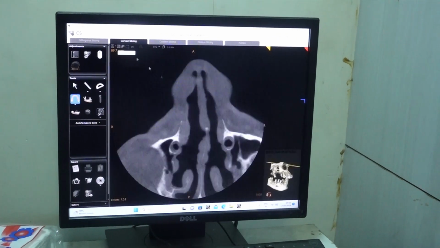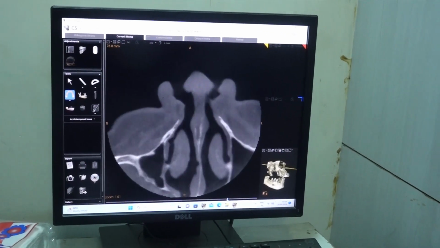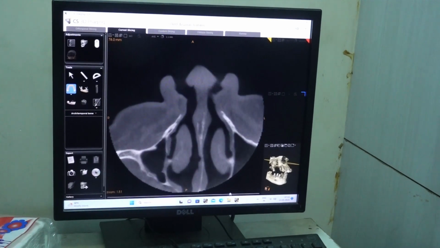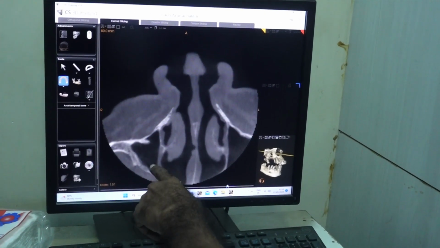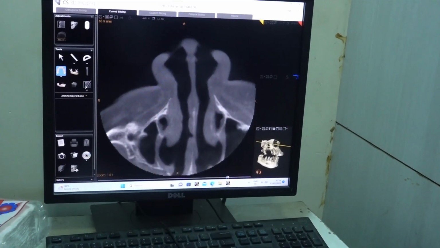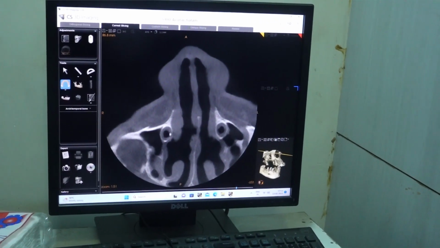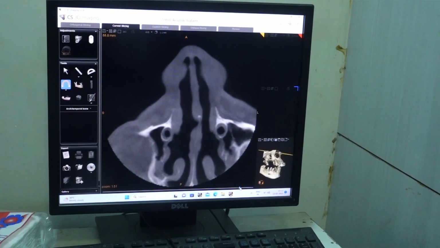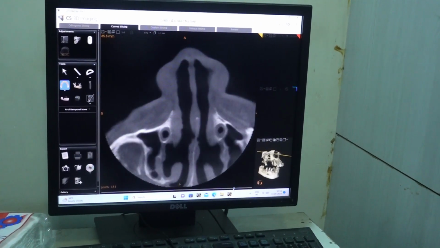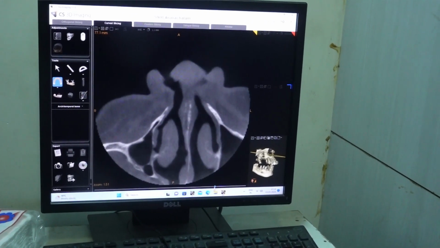Before drawing the arch form, check the axial view. So this is the sinus. We are coming from up. This is the nasolacrimal. So we are going from up to down.